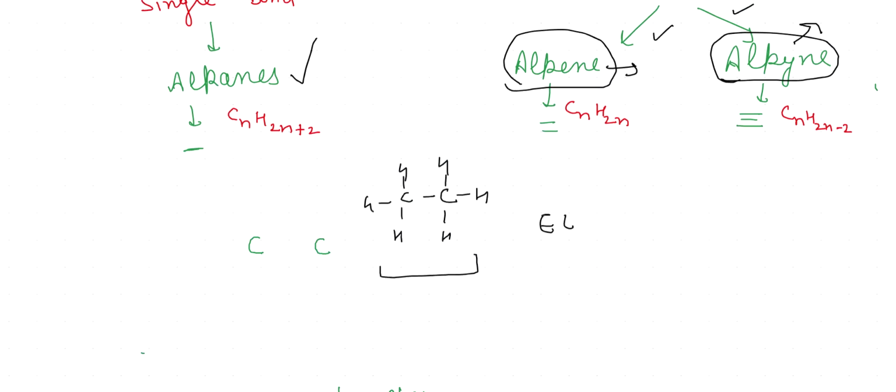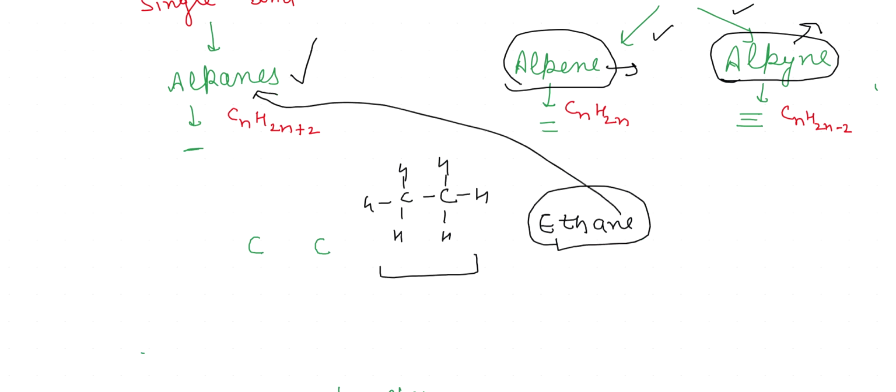And there is single bond between carbon and hydrogen and carbon, then we will use the suffix ane, and the compound is named as ethane. So this ane comes from this alkane because it is representing there is single bond between carbon and carbon. So ane is used to represent the saturated compounds having single bond.